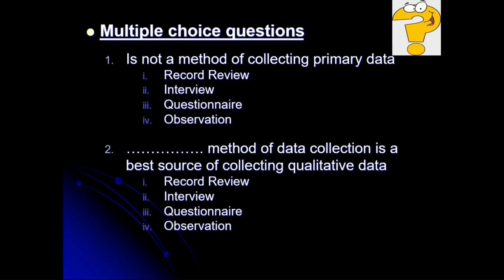So that's all we are going to discuss in session 4. We'll discuss questionnaires and the observation method of data collection in chapter 5, session 5. Right, now we are moving into chapter 5, section 5. In chapter 5, section 4, we discussed 2 techniques for data collection, that is record review and the interview method.